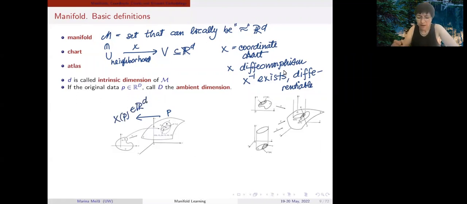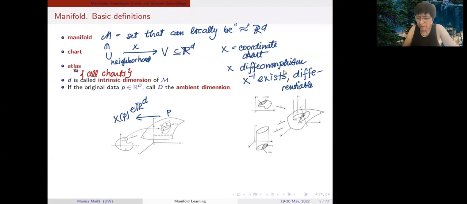All right. Now, what is an atlas? An atlas is just a union of charts that covers M. And we are not going to use the chart and atlas very much. This picture shows how an atlas is used.